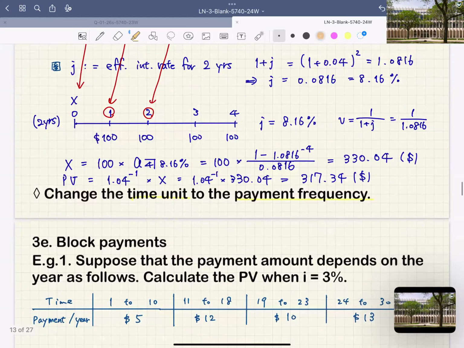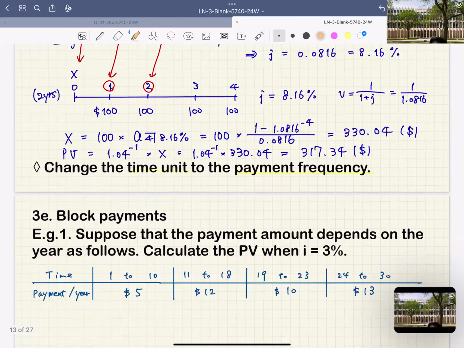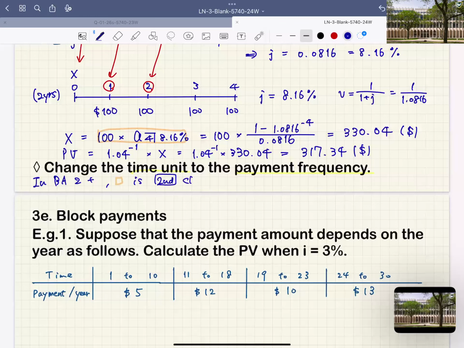And also, I would like to mention that this can be done by BA2 plus. So in BA2 plus, for this cash flow, at first, second, clear TVM.